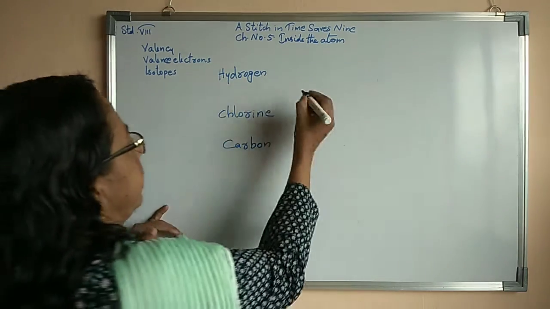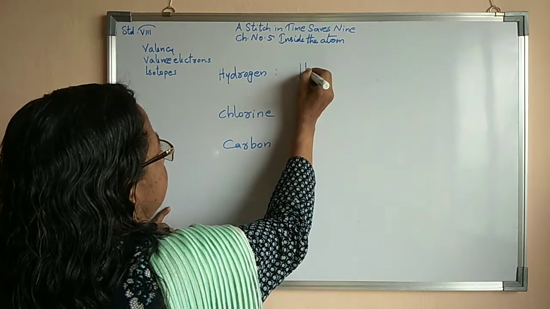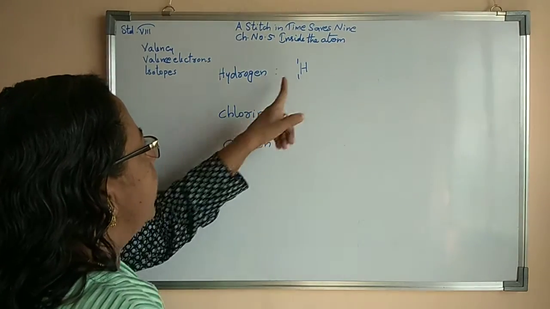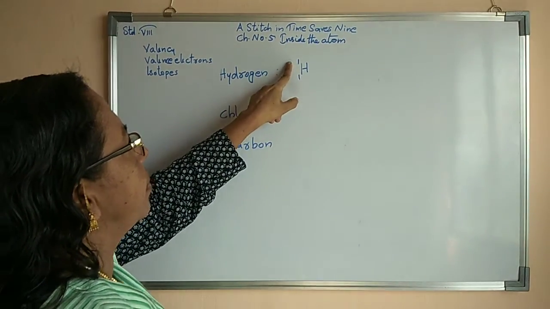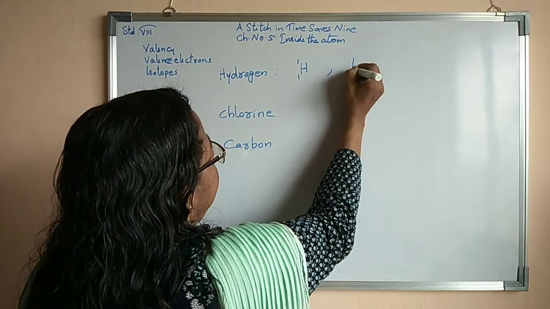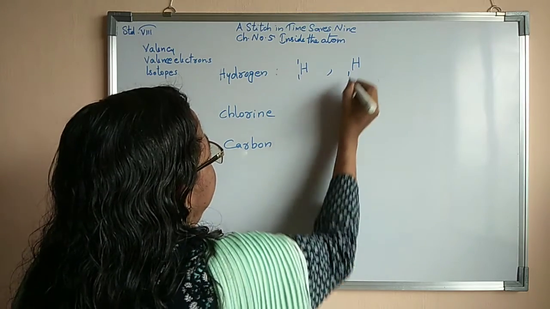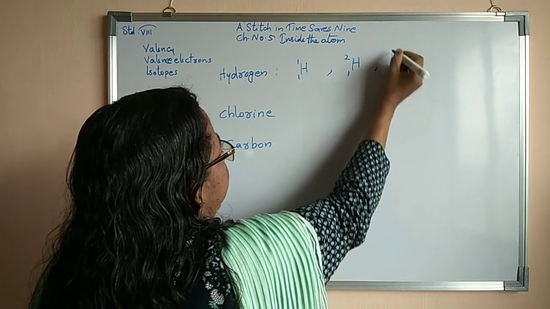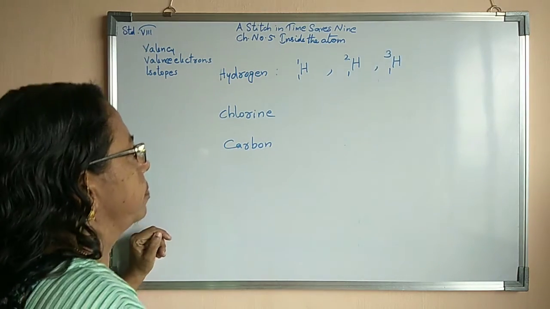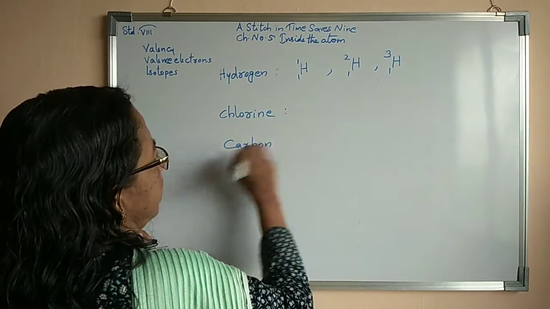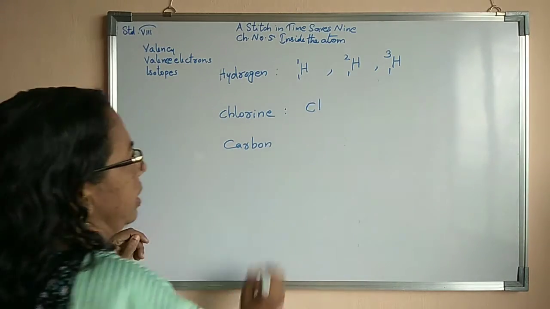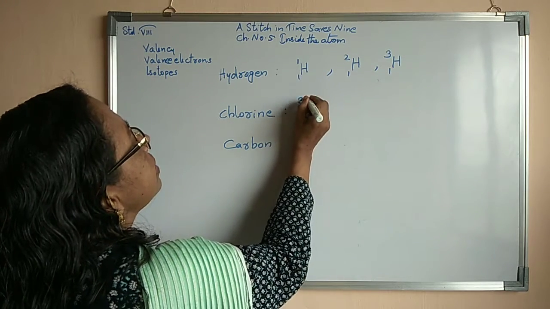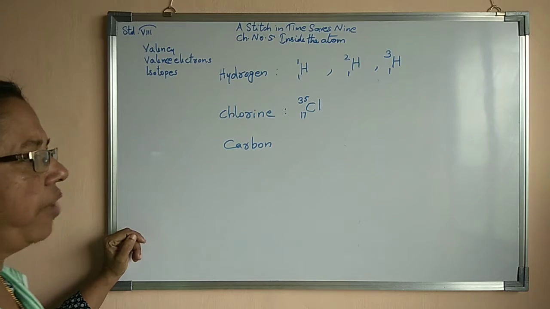So here, hydrogen has atomic number 1, mass number 1. Another type of hydrogen has atomic number 1, mass number 2. Another type of hydrogen has atomic number 1, mass number 3. In case of chlorine, the symbol is Cl, atomic number 17, mass number 35.